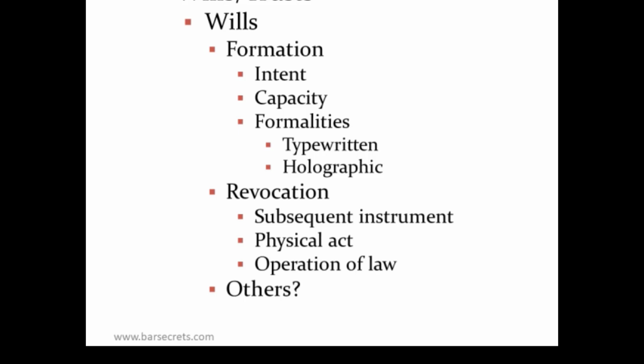Whereas for physical act, you need intent to revoke plus a physical act. Once you have those two, you have found revocation by physical act. Operation of law is your omitted spouse, omitted child hypo. You make a will, have a child, the child is omitted. You make a will, get married, the spouse is omitted. That's all there is.